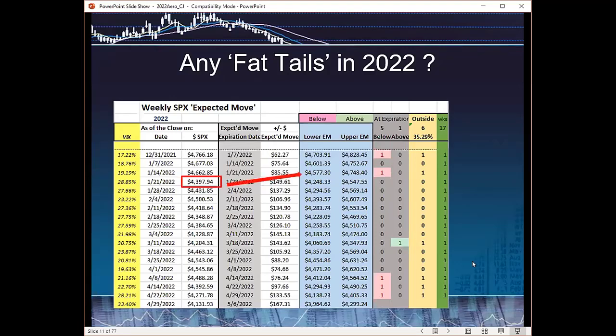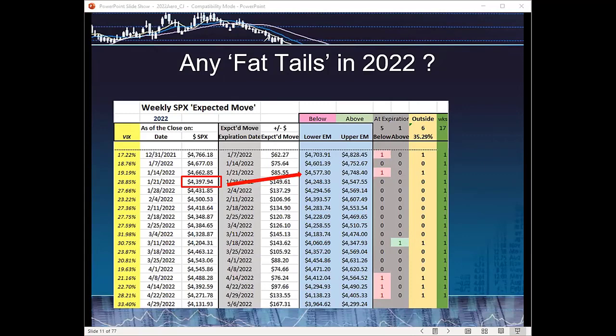If you looked at the data on January 21, the S&P closed that week at 43.97, but the expected move for that week was plus or minus $85, which would have been a one standard deviation move down to 45.77, or a one standard deviation up to 47.48. Well, what we saw wasn't either of those, was it?